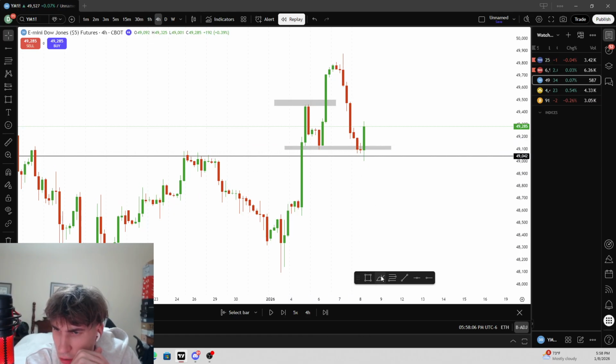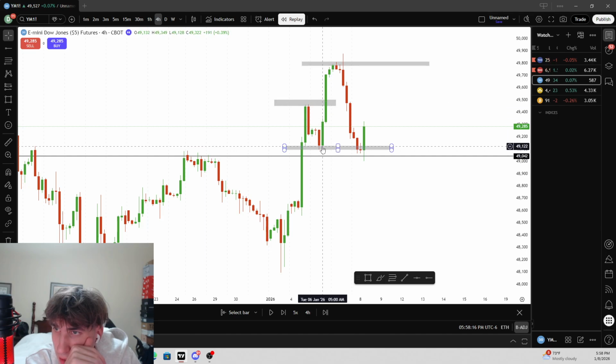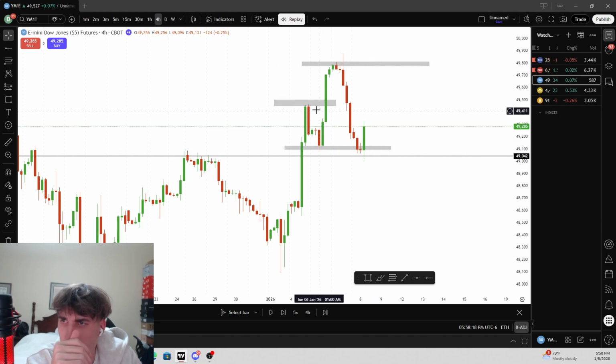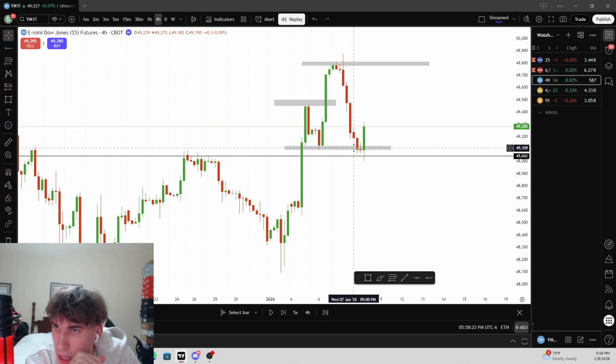Price broke structure to the downside, because this was a high, this was a high, this was a low. Price was making higher highs, then it broke below that low and closed.